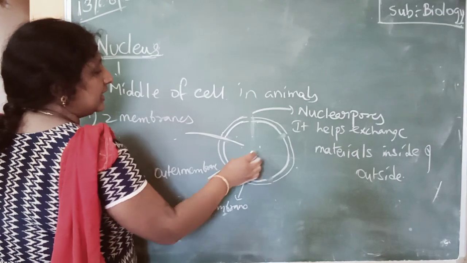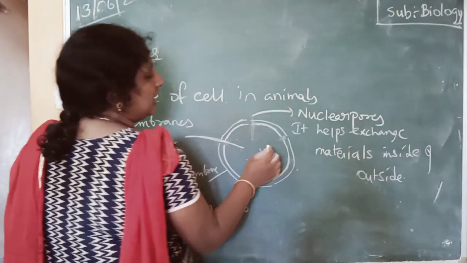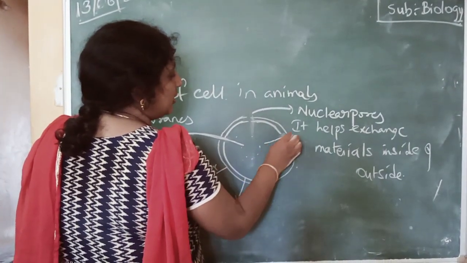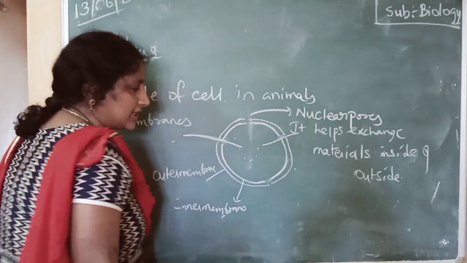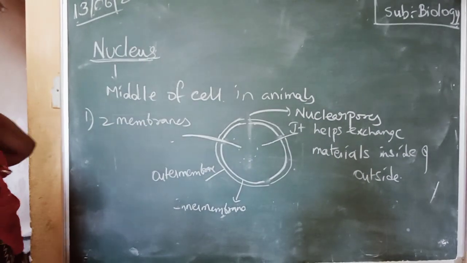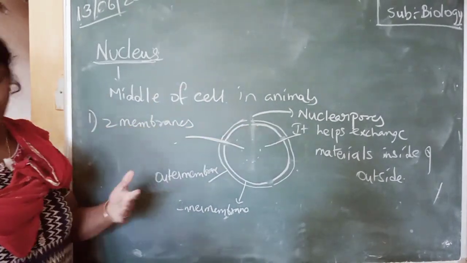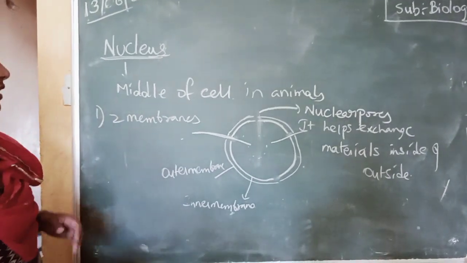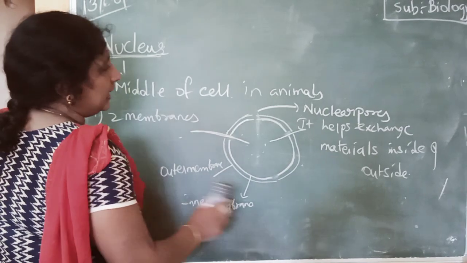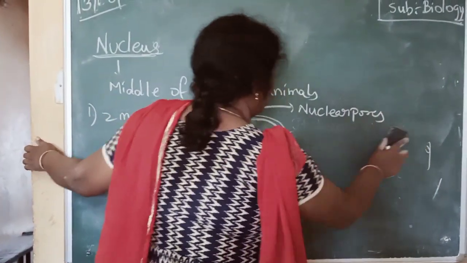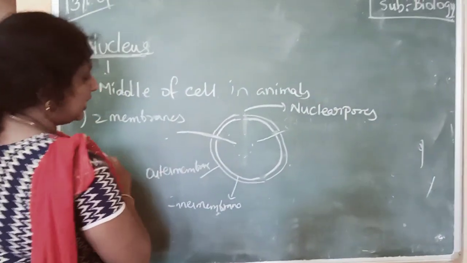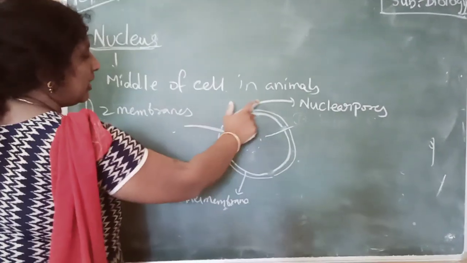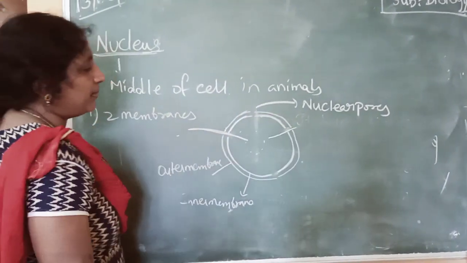Whatever the nucleus synthesizes, some important proteins, will be sent outside through nuclear pores into the cytoplasm. So these nuclear pores help in the exchange of material inside and outside. This is our outer membrane, inner membrane, and the membranes have nuclear pores.